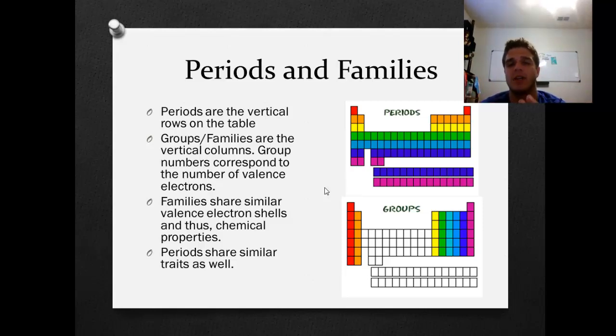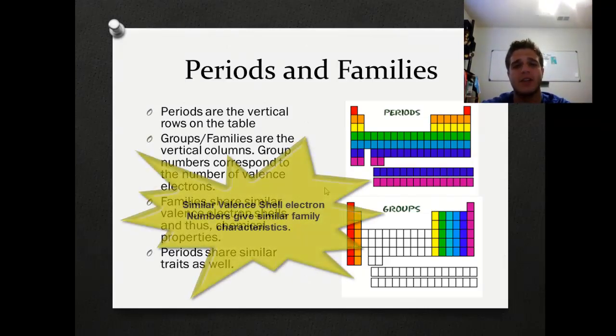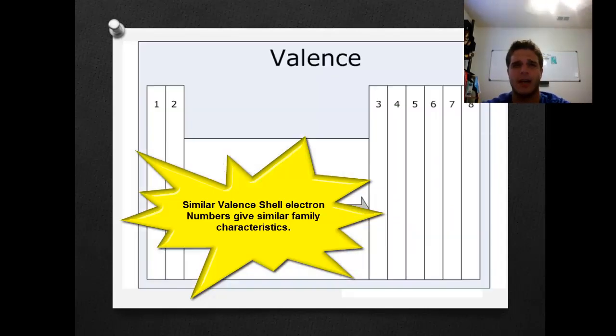We need to understand what each group is and their valence shell activity in order to understand why they do what they do, okay? So the families contain similar characteristics, okay? They all react the same, they all have similar melting points, boiling points, and physical and chemical characteristics, like what we discussed last unit, all are contained within the similar elements in the families because they all have similar valence shells, which we're going to talk about way more in depth.